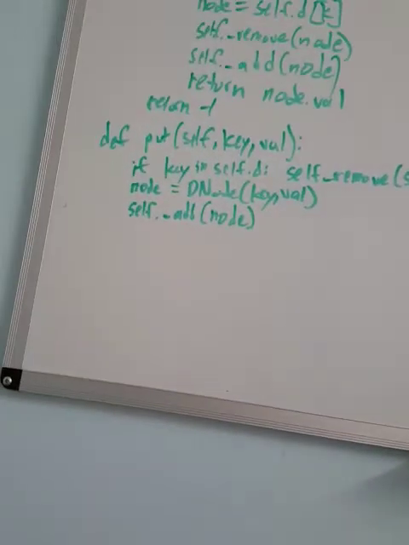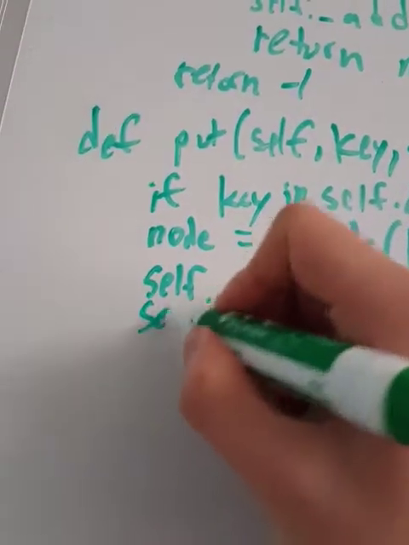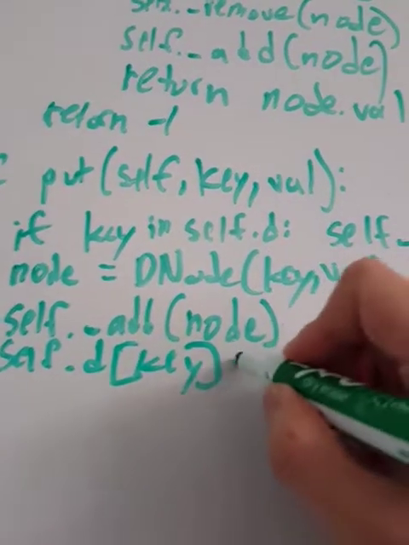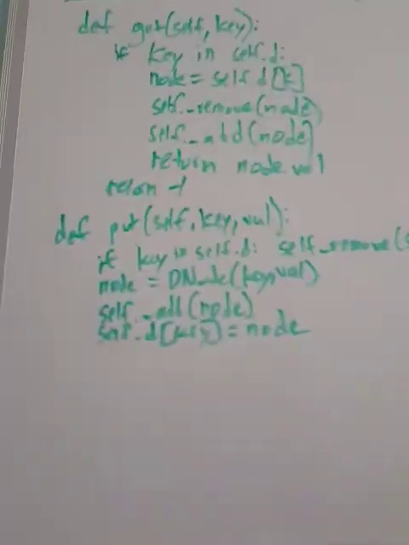And now we're adding the node. And when we add the node, we also need to update our dictionary, right? So self.d of key is equal to the node. And then now we need to check if our capacity has been reached.